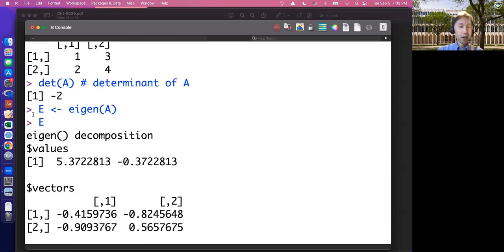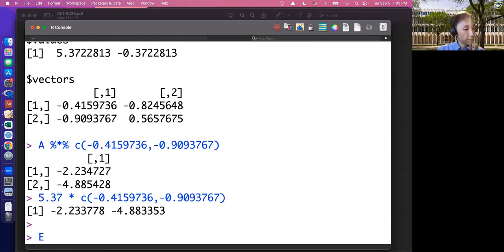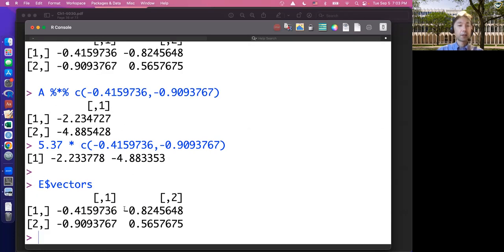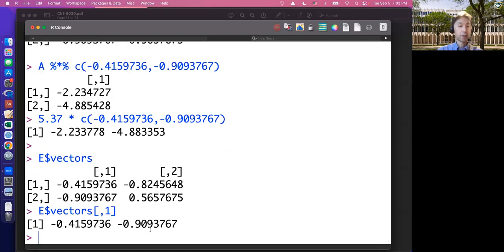Okay, so we name the entire quantity E. If we type E dollar sign vectors, then we get the set of eigenvectors. If we want to extract just the first eigenvector, then you can type just the first column. Then you can get this as a vector.